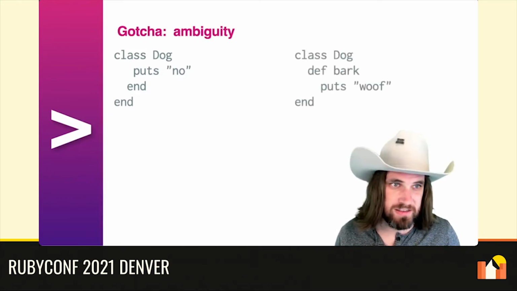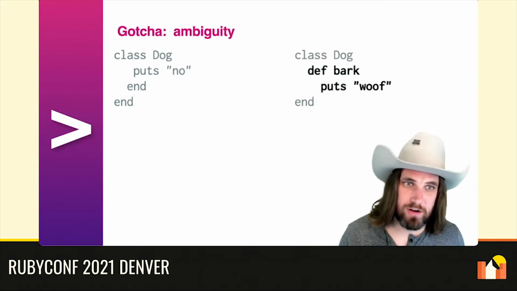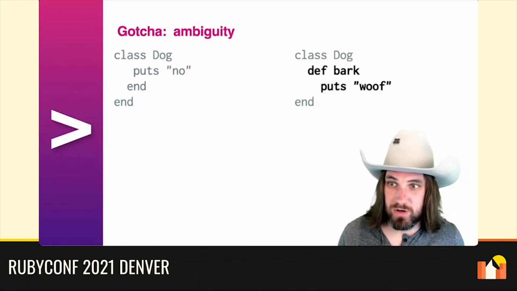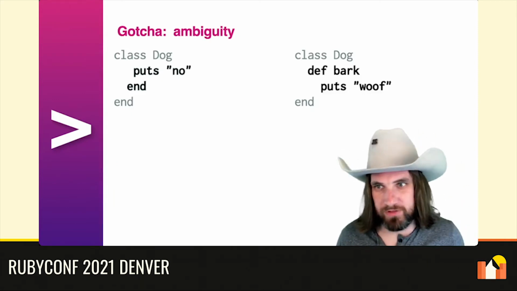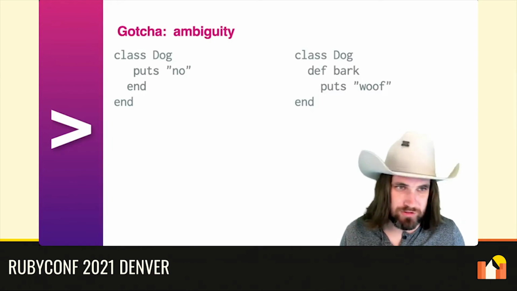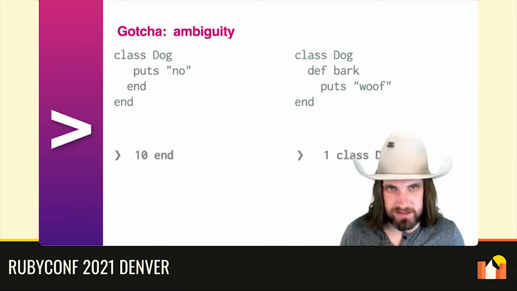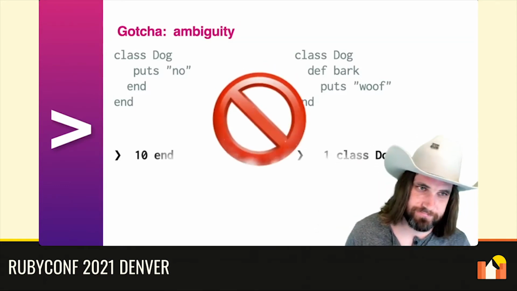Before we were missing the end, so we're missing the end right here, and in this case, over there we are missing the keyword. So it's the exact same problem, but just flipped on its head. When we run dead end, both of them just try to tell us that this is where the problem is, which is not helpful.